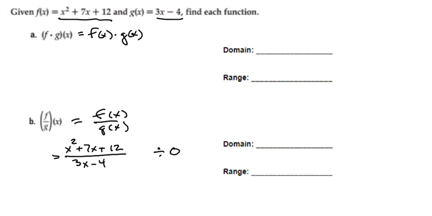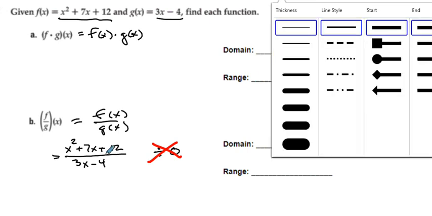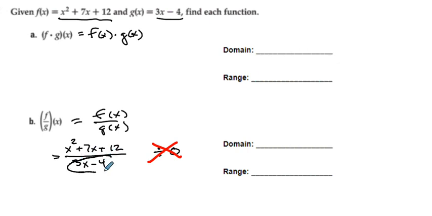You cannot do that ever. So what that means is that your denominator can never be 0.